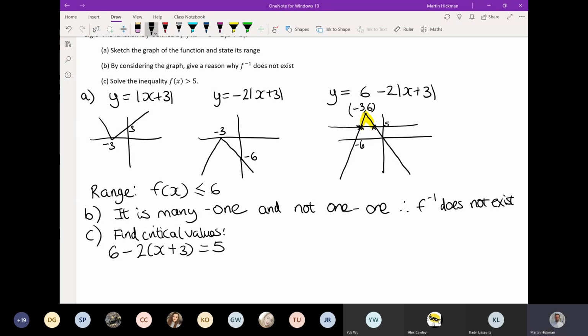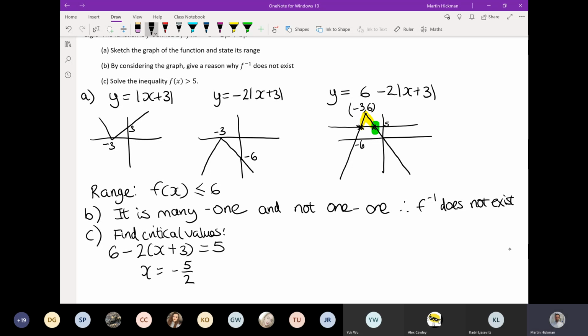So for this solution that I'm going to put in green here, that hasn't been reflected. Okay, that is just your normal x plus 3 line. So I'm going to start with this one first. And when I solve that, I will get x equals -5 over 2.